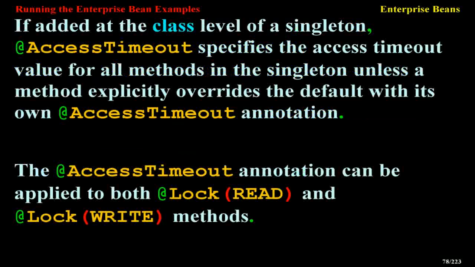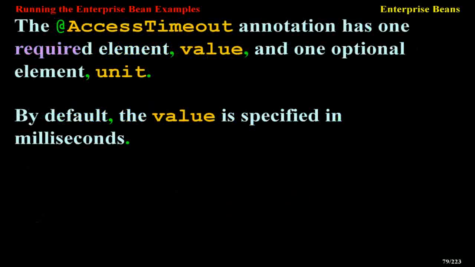The AccessTimeout annotation can be applied to both Lock(READ) and Lock(WRITE) methods. The AccessTimeout annotation has one required element, value, and one optional element, unit. By default, the value is specified in milliseconds.